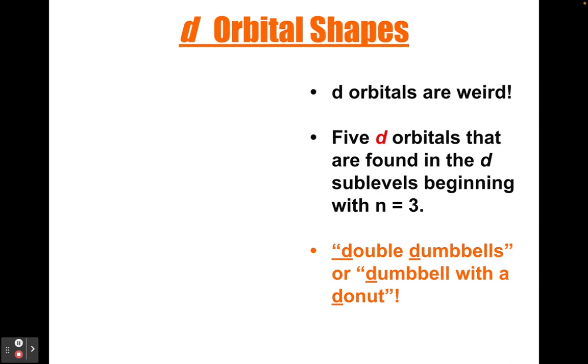So the d sublevel comes in at n equals 3. Remember, the p orbitals come in at n equals 2. The d orbitals come in at n equals 3, and there are 5 d orbitals at this sublevel. You can remember d orbital, double dumbbells, or dumbbell with a donut. You'll know why in a moment when you see the shapes.